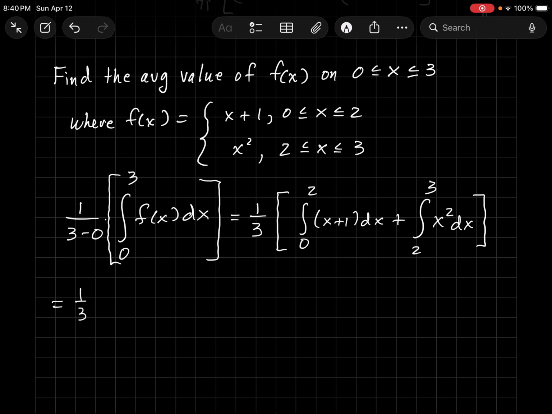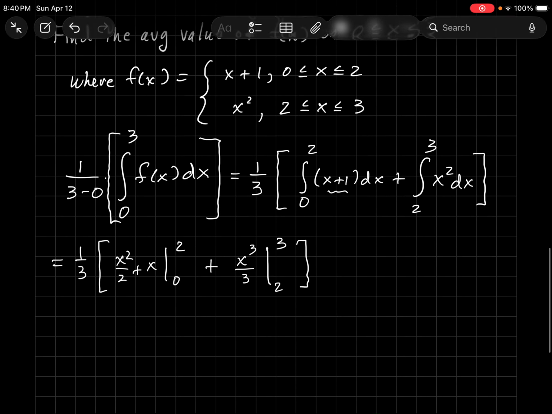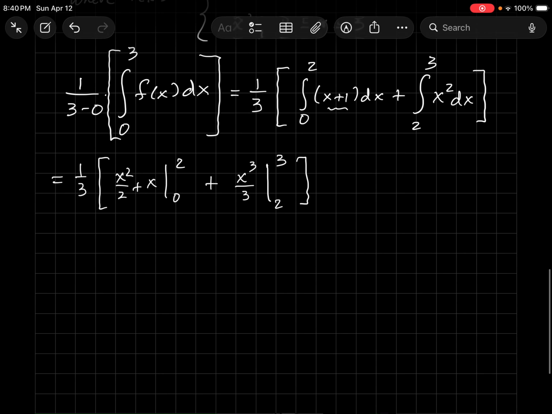We'll finish it off. We have 1/3 on the outside, and then we integrate this first piece, x squared over 2 plus x on the interval from 0 to 2, plus x cubed over 3 on the interval from 2 to 3. Continuing on and continuing also to leave the constant outside, we'll do the FTC part 1 on this first piece.